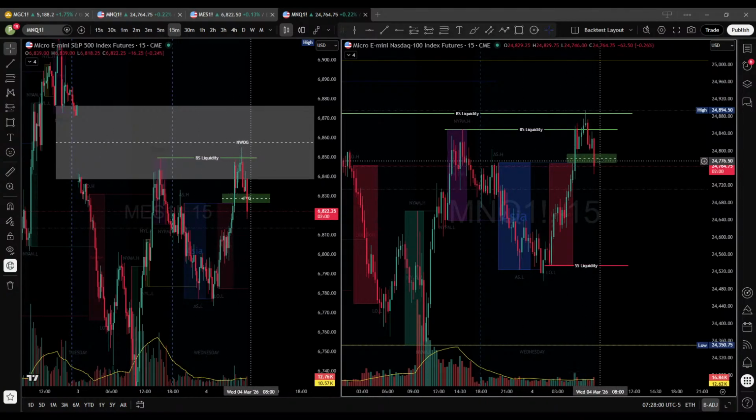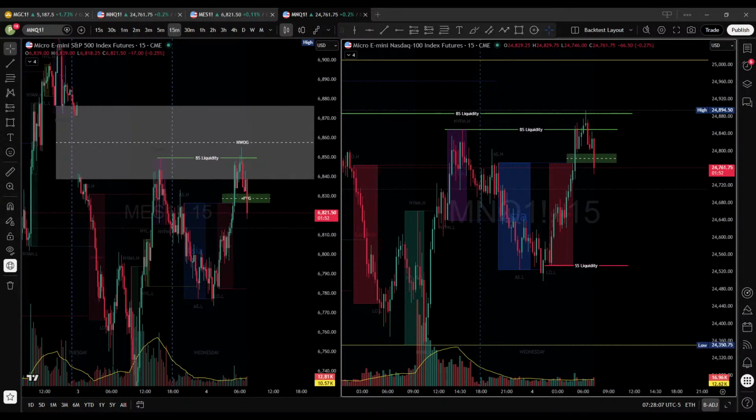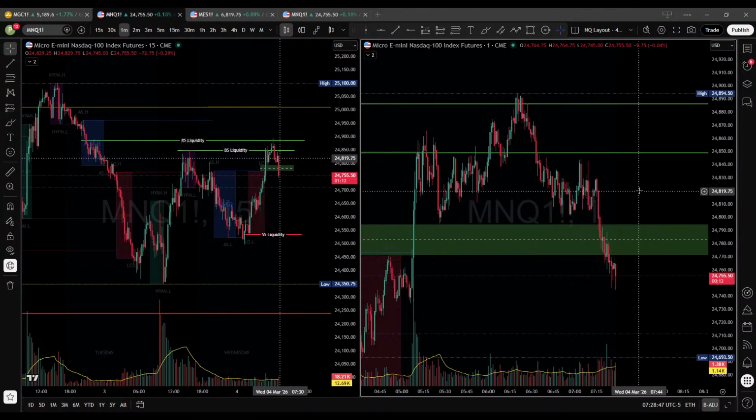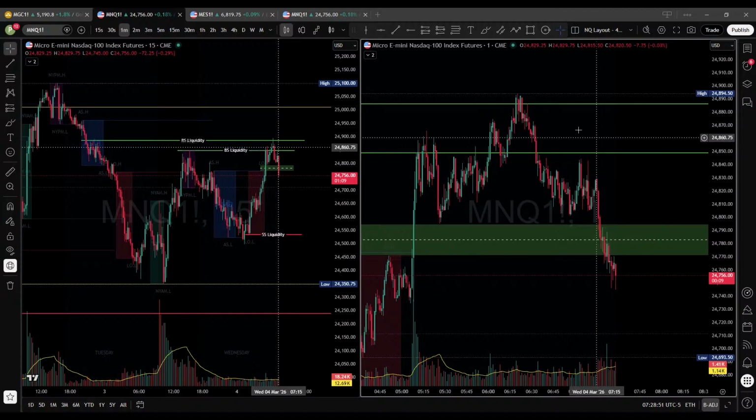See how the price has reversed, taken out this fair value gap. Price action is way choppy.